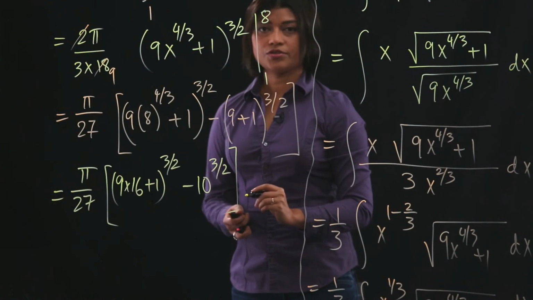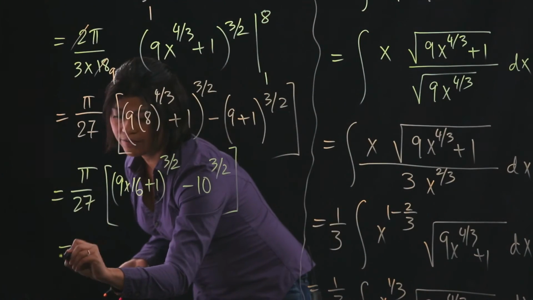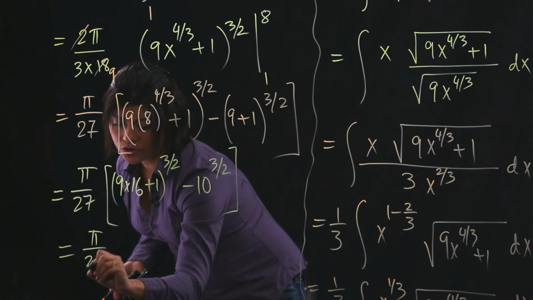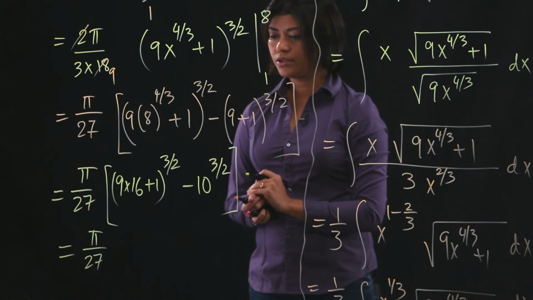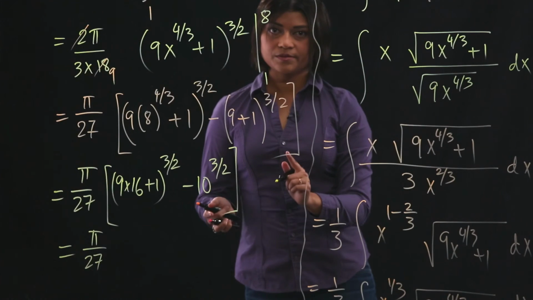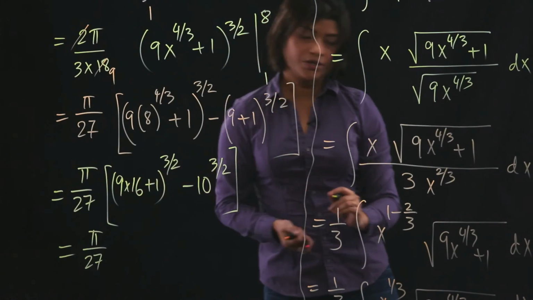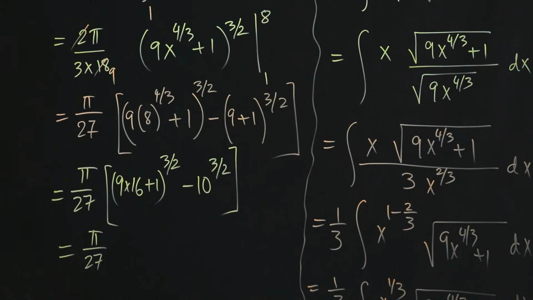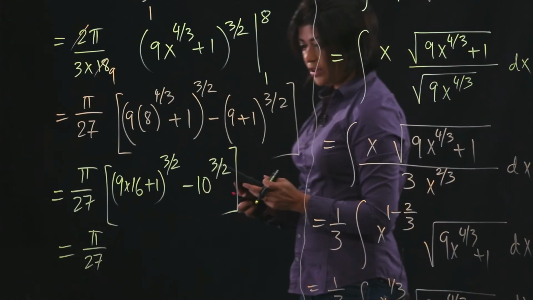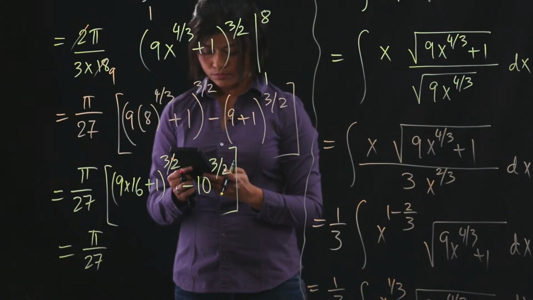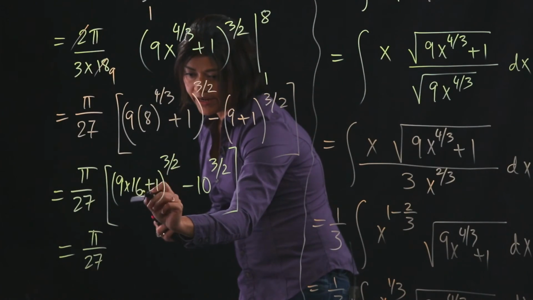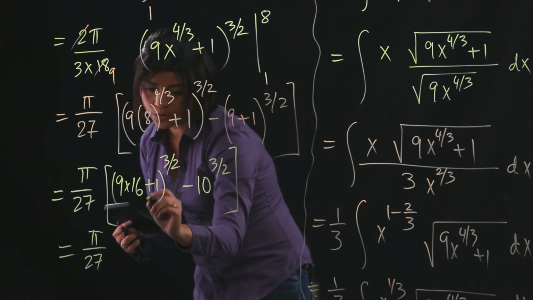All right, so you have the answer almost there. Just write down one more step. So pi over 27 times, let's use a graphing utility to figure out what the values are. Okay, so 9 times 16 is 144 plus 1.